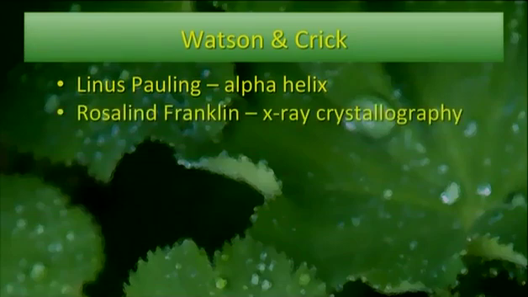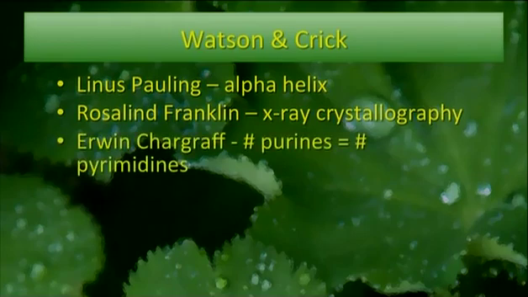Now Rosalind Franklin did X-ray crystallography. That has to do with isolating a substance, crystallizing it very painstakingly, and hitting it with X-rays to form a crystallograph. Erwin Chargaff lent his expertise by finding that the number of purines approximately equaled the number of pyrimidines.